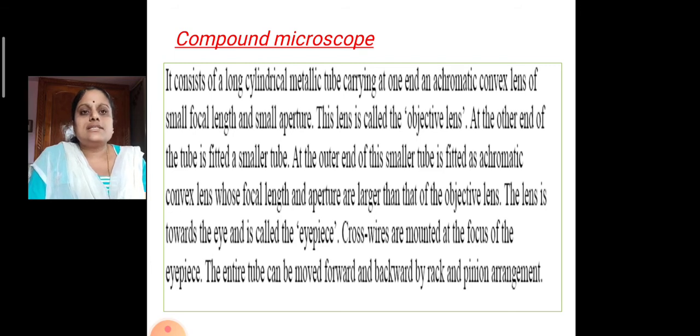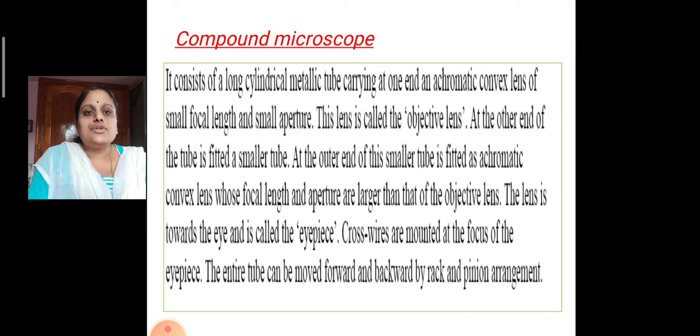Now let us discuss a compound microscope. It consists of a long cylindrical metallic tube carrying at one end an achromatic convex lens of small focal length and small aperture. This lens is called the objective lens.